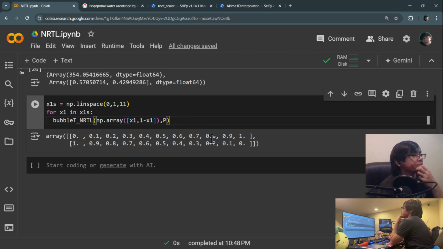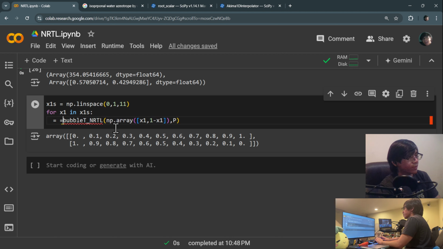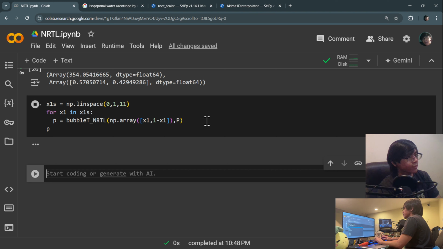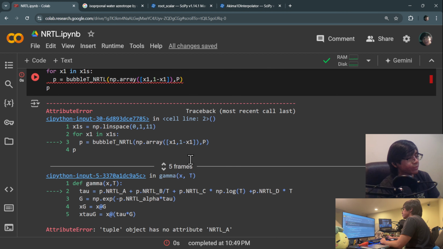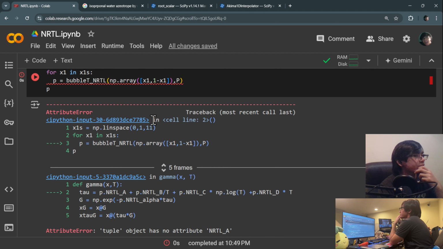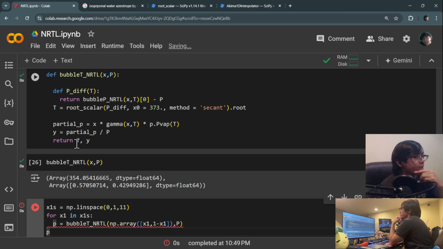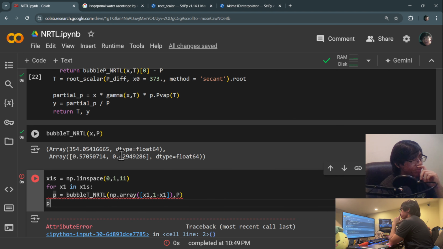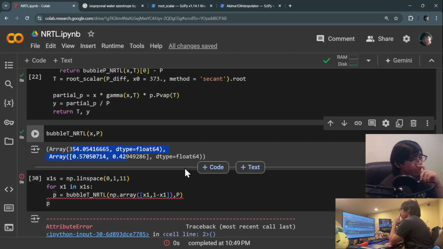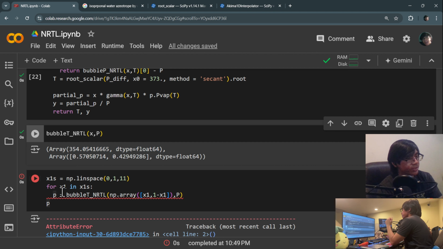What else do we want to do? Do we want to see what this looks like? Oh, I need to unpack this since it's multiple variables. Maybe I could just unpack it here, honestly, since we're outputting our temperature and our two y's. So let's just unpack it.